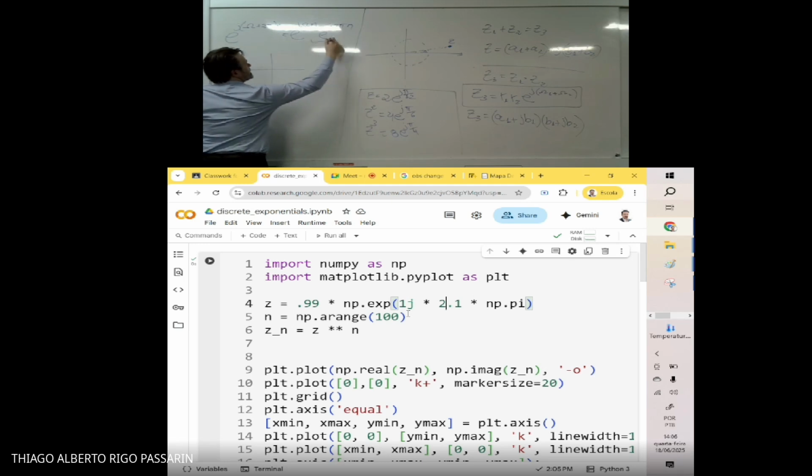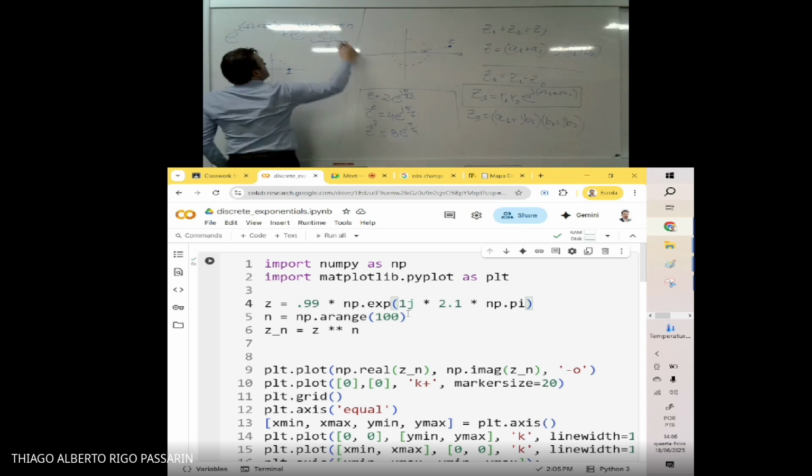What's the radius of this number here? 1. And its angle, so we have the unit circle here. It's somewhere here. The angle is 2 pi times n. So 1 pi, 2 pi, I come back here, times n, I always come back here. So this guy is the real number 1.